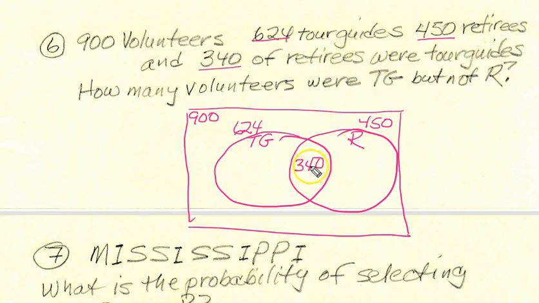So there's that. So now what you need to do is figure out what goes on either side here. So if we subtract the 340 from 450, we get 110 here. And if we subtract the 340 from 624, we get 284 here.